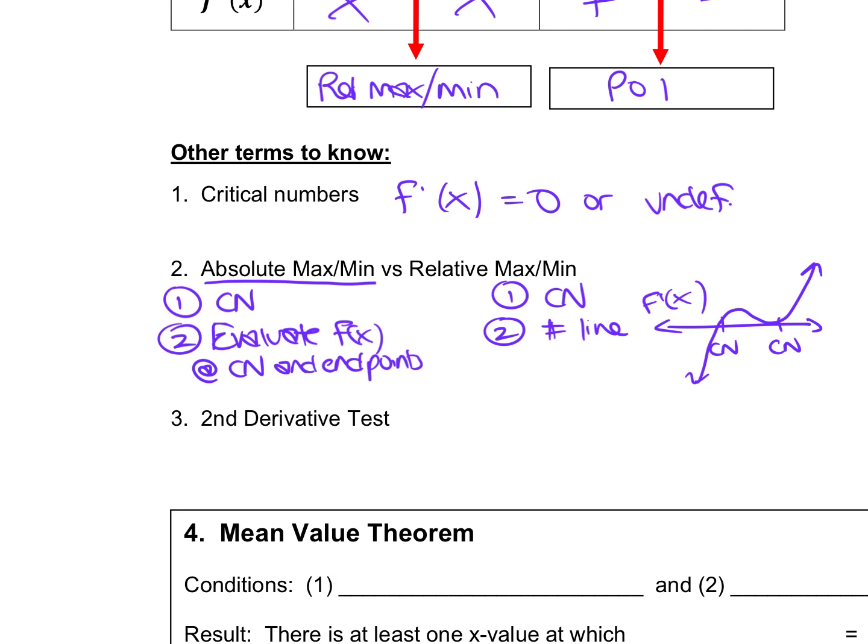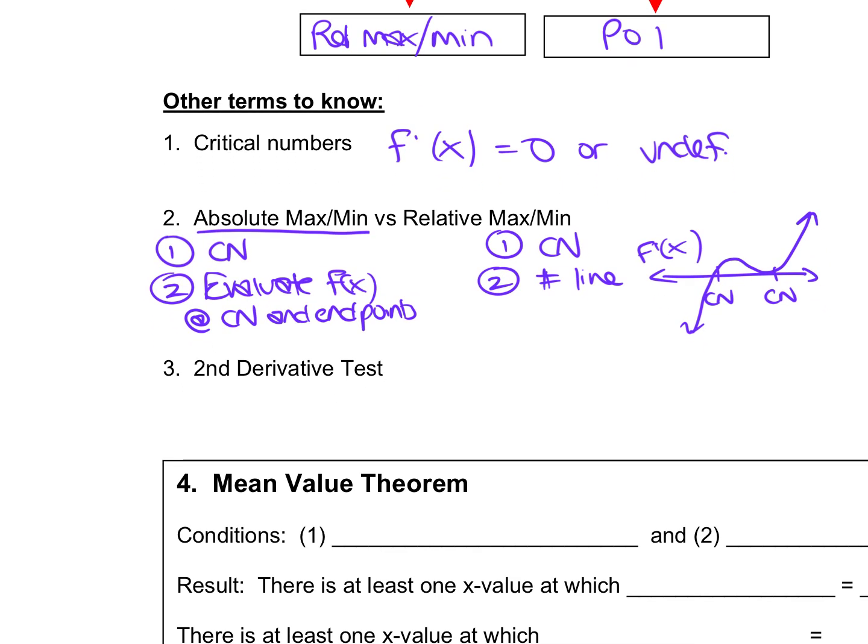Okay? The second derivative test helped us also, in a second way, tell whether we had relative mins and maxes. So the second derivative test told us this. If x is a critical number, then if f double prime of the critical number is positive, that told us that it was concave up, and therefore we had a relative min.